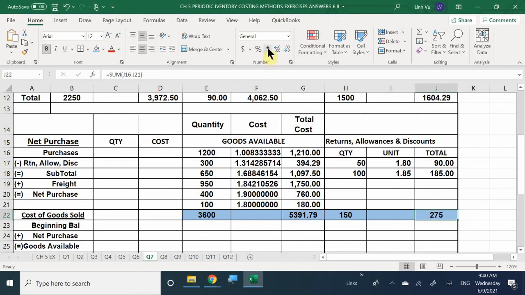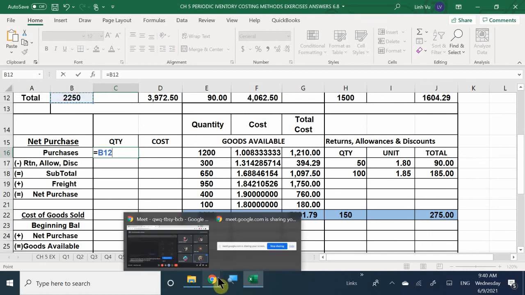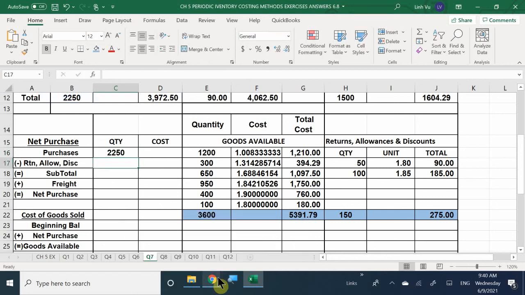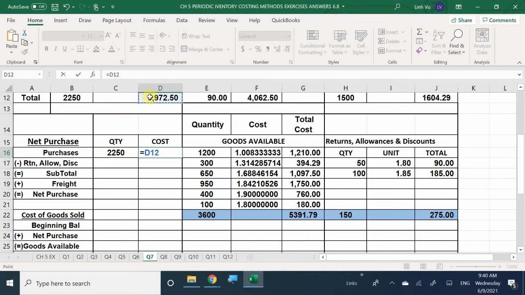All right, so now let's plug our numbers into our little worksheet here. Let's start with the first one. How many items did I purchase in grand total, or my original purchases? The 2250. How much did it cost me? 3972.50.